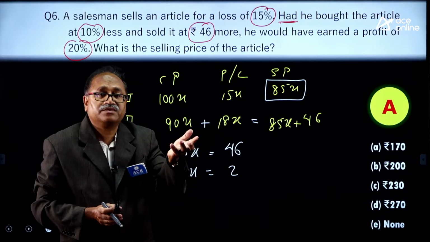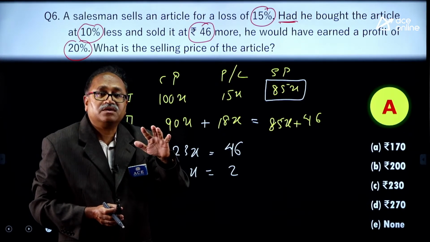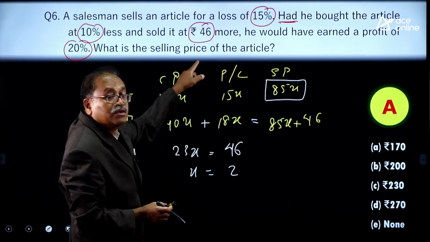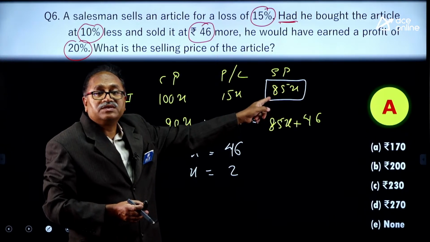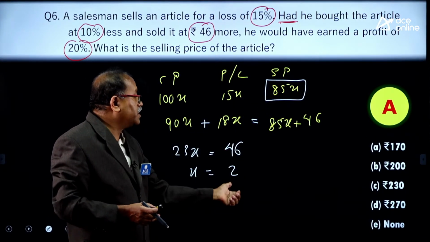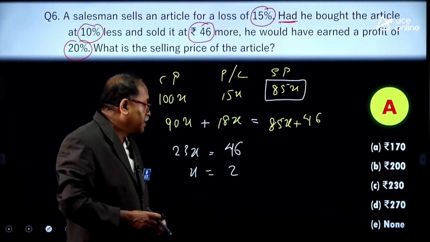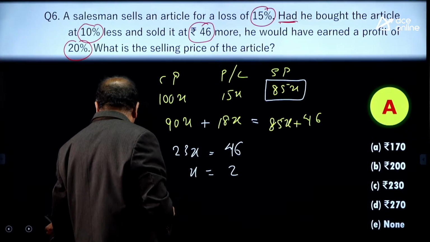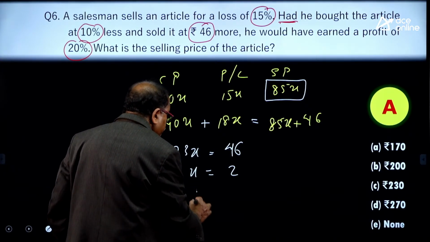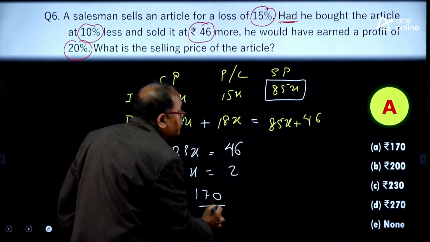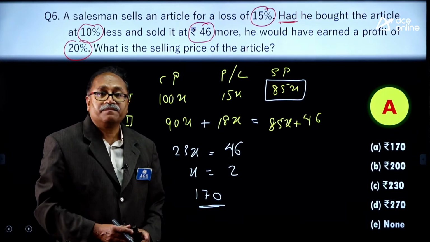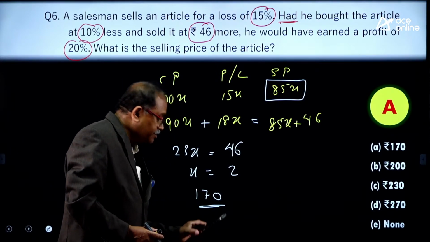But when it is asked what is the selling price, then you have to find out the original selling price. So, 85x where x is equal to 2, 85 into 2, 170. So, your answer should be 170, Anusha, option choice A.